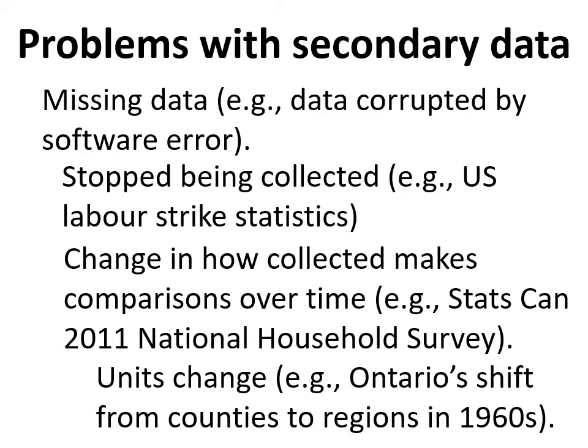So I think it was Welland County and Lincoln County were squished together to become the regional municipality of Niagara. So these are kind of common problems with secondary data that you want to be aware of as you're making use of it.